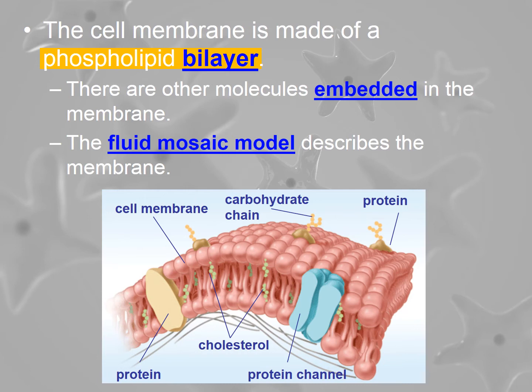So these carbohydrate chains work like name tags for the cells. Then there's cholesterol. They're embedded within the tails, and these little cholesterol molecules help prevent the tails from sticking together, because sometimes they could if there's not enough of those cholesterol molecules there.